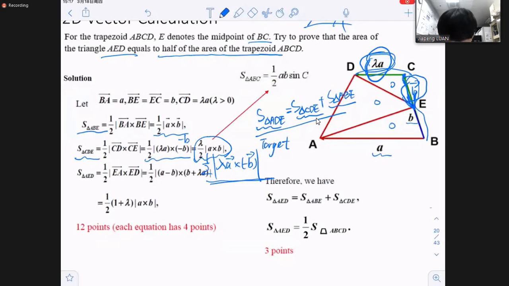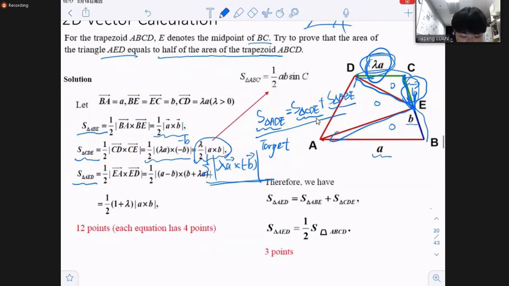And then if you want to calculate the area of AED, you just need to represent what EA is and what ED is. So EA is actually A minus B, right? You have A, you have B, and then A minus B is EA.